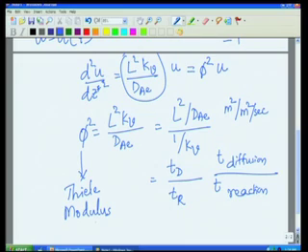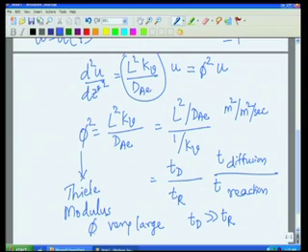For example, if phi is very large, and what is that very large? We will see it in the next session, but if phi is very large, what does it mean? It means the characteristic diffusion time is much larger than the reaction time. That means the time scale on which diffusion is occurring is much larger than the time scale on which reaction is occurring.